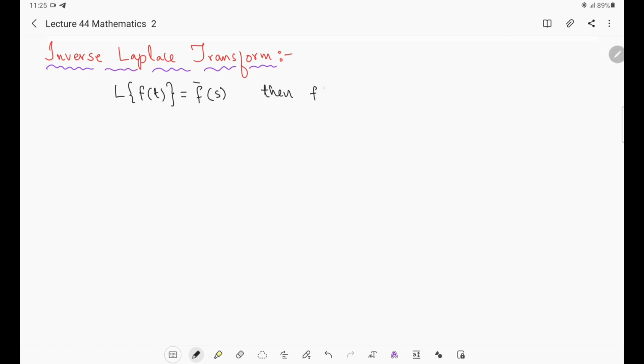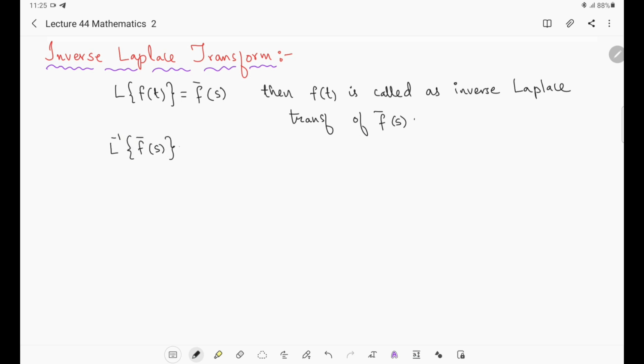Then this f of t is called the inverse Laplace transform of f bar of s, and it is written as inverse Laplace transform of f bar of s equal to f of t.